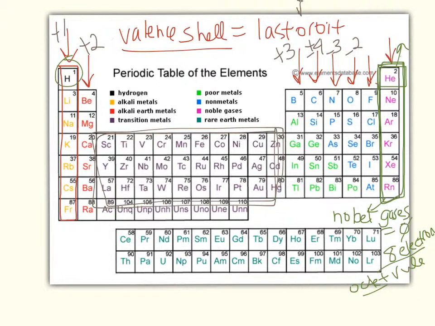So fluorine's group has a -1 charge because it's going to want to take in that 1 electron, which is negative. And again, our noble gas family has a charge of 0. So this is why we can determine the charges of our elements, at least our metals and our nonmetals, because of how many electrons are in that outer shell, which is known to us as the valence shell.